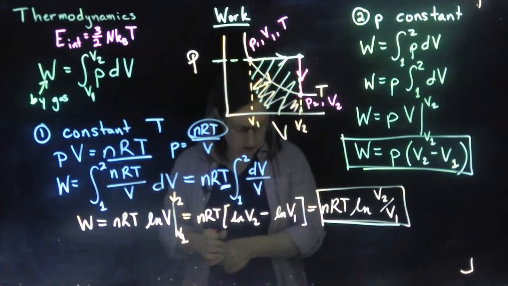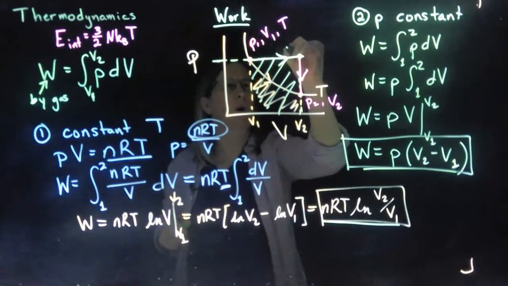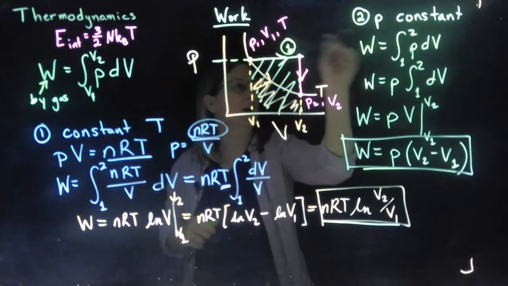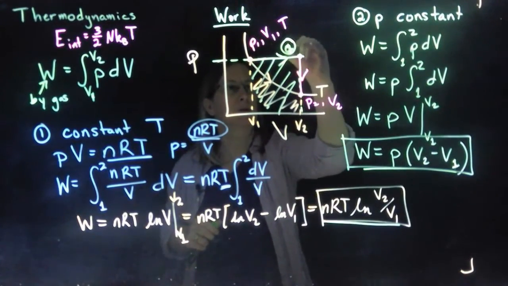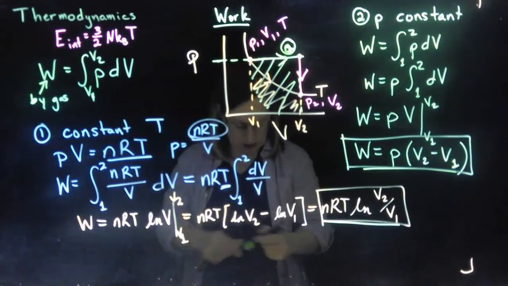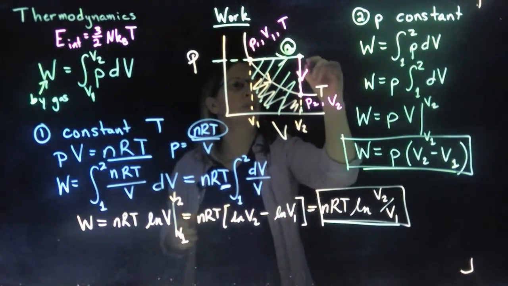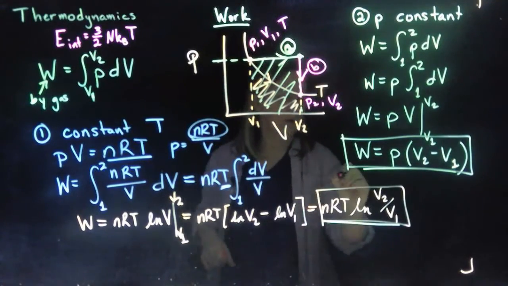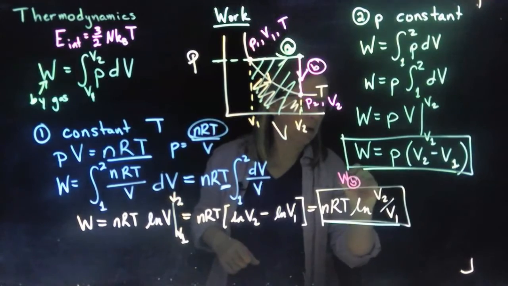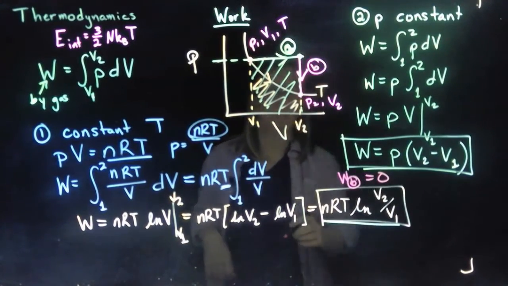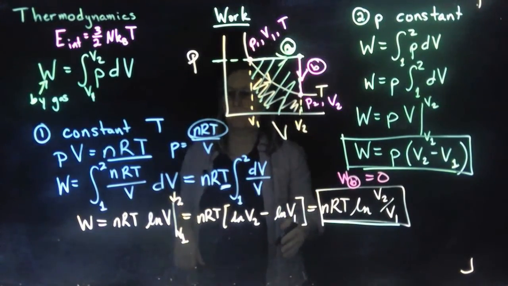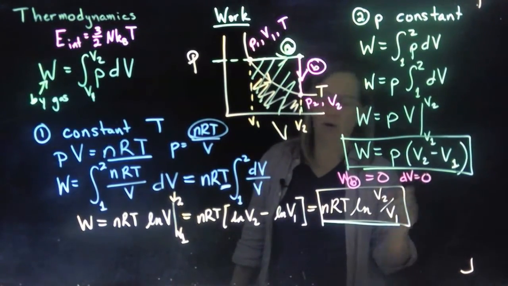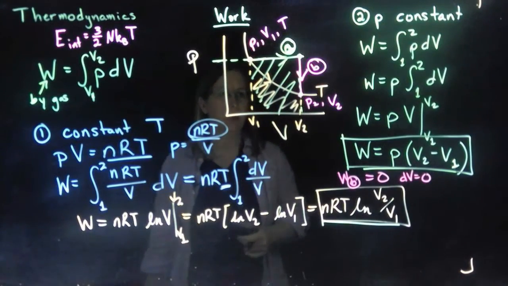So this is path 1, step A, followed by step B. And the work done for step B is equal to 0 because there's no area under the curve. Our V doesn't change, dV is equal to 0, so there is no work done.